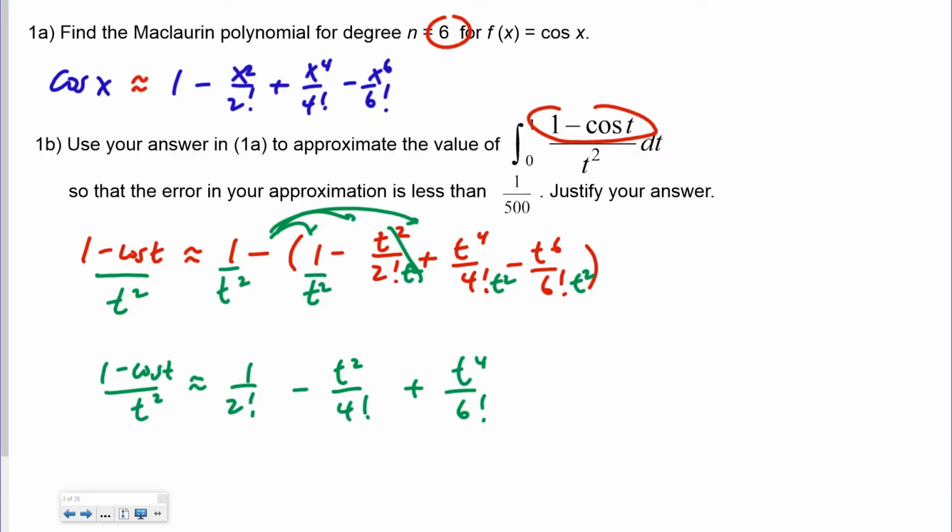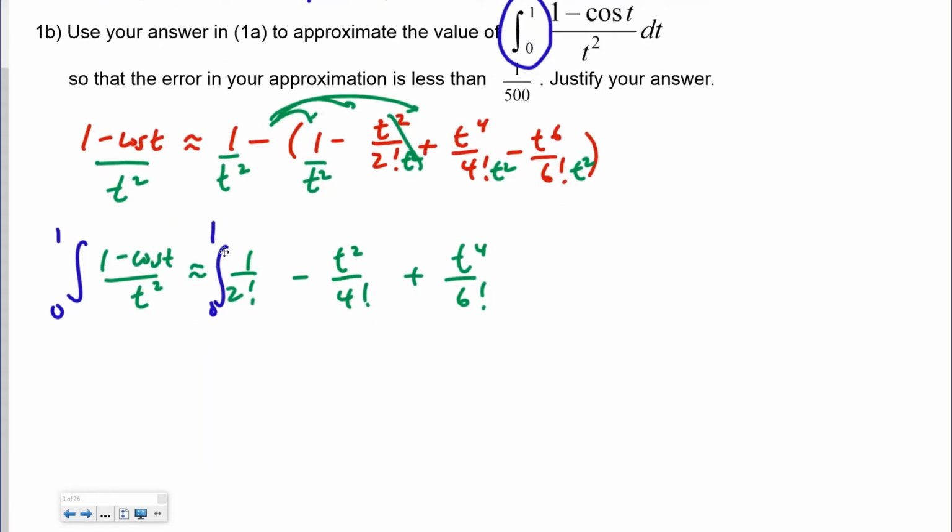And then what I want to do is integrate both sides. So I'm going to integrate 0 to 1 on this side, and that means I integrate 0 to 1 on this side. Since I do have limits here, I'll have a bar here when I take the antiderivative. So what I get is 0 to 1, integral of this, and of course there is a dt here. That's equal to the integral of 1 over 2 factorial, which is 1 half t.